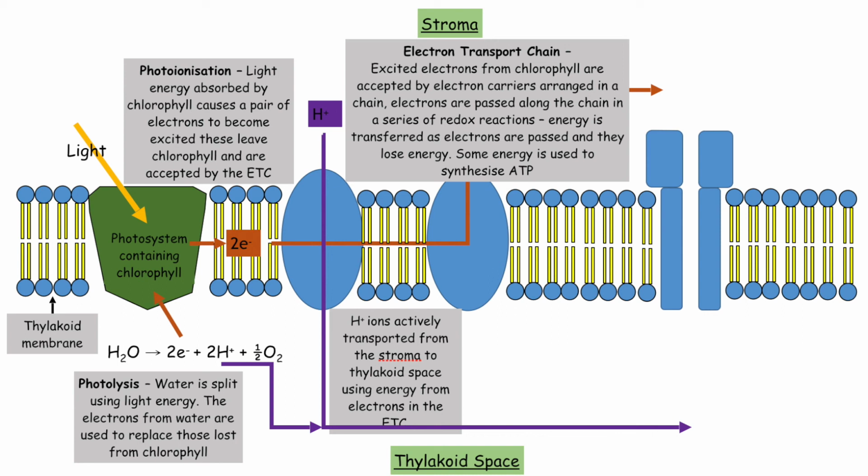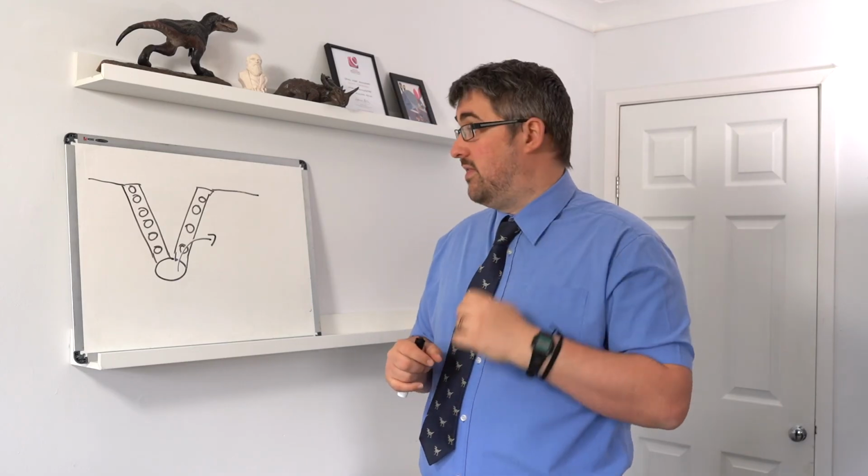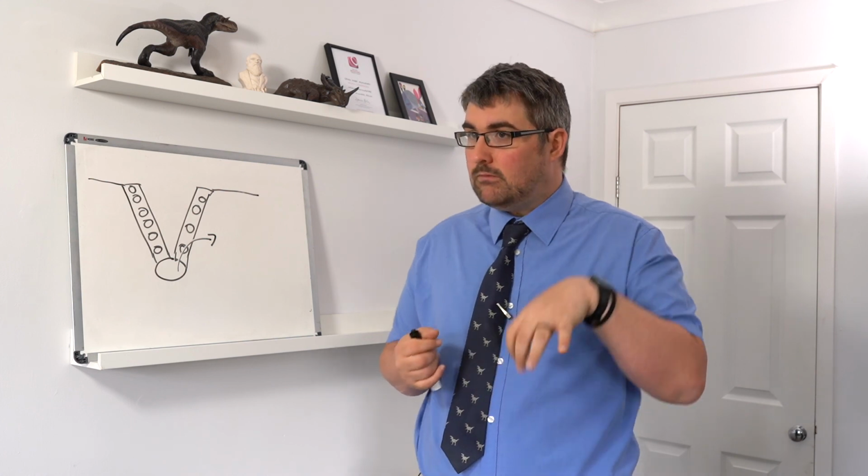So below the photosystem, photolysis would occur, and the light energy splits the water, the hydrogen is split into protons and electrons, and then oxygen is also released. If we think about the photosynthesis equation, that is where oxygen comes into that equation, right here, because of photolysis in the light-dependent reaction.